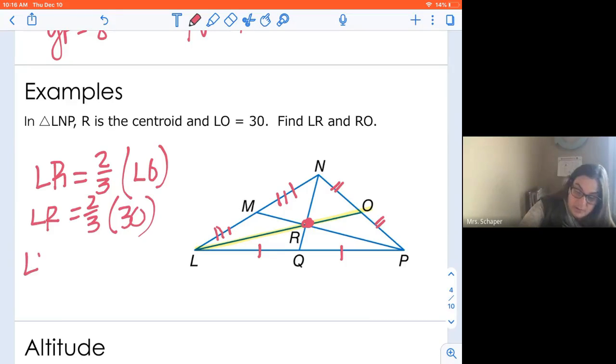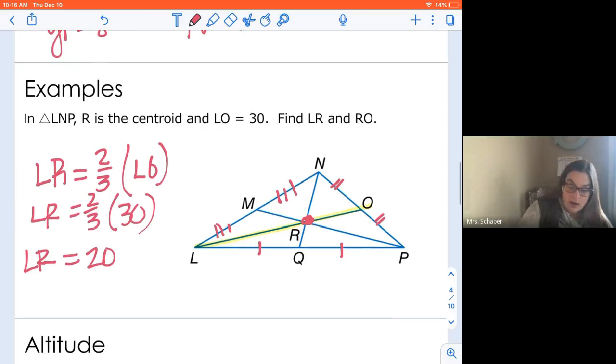So therefore, the measurement of LR is 20 units. And then RO would be the remaining amount, which is 10. Talking about medians, the point of concurrency for the medians is called the centroid. It goes from one vertex to the middle of the opposite side. The distance from the vertex to the centroid is 2/3 the distance of the entire segment.